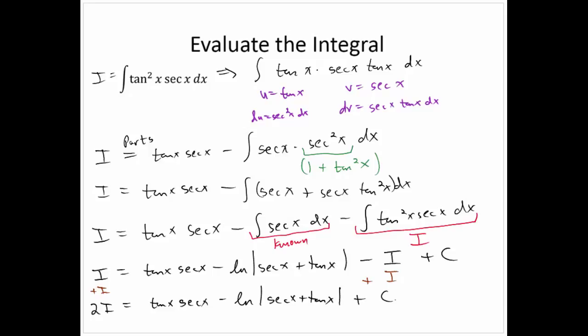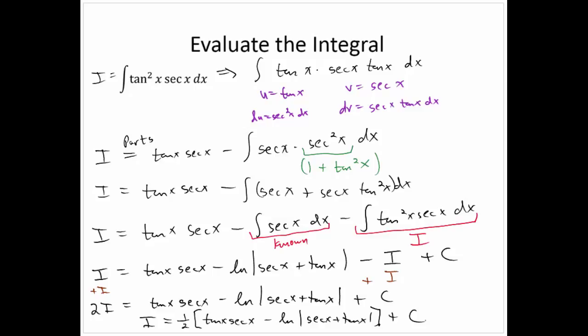And now to solve for the integral, all I have to do is multiply both sides by 1/2. And so then the integral I would be 1/2 of tangent x secant x minus the natural log of the absolute value of secant x plus tangent x. And I can close off the brackets here because if I multiply a constant by 1/2, I still get a constant.